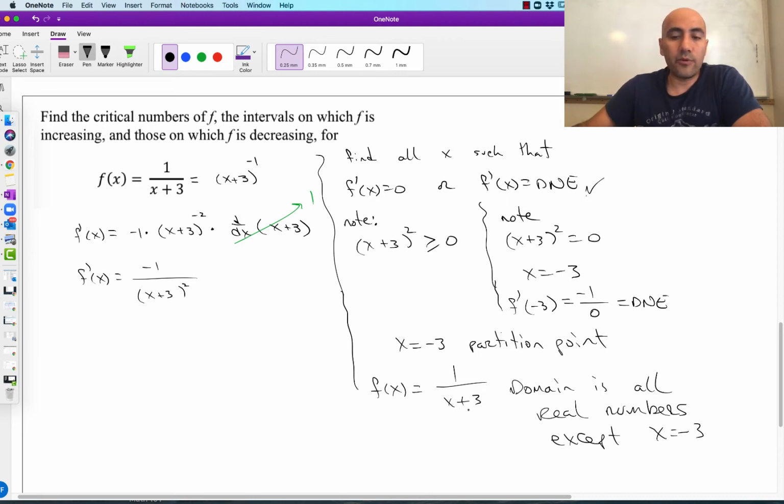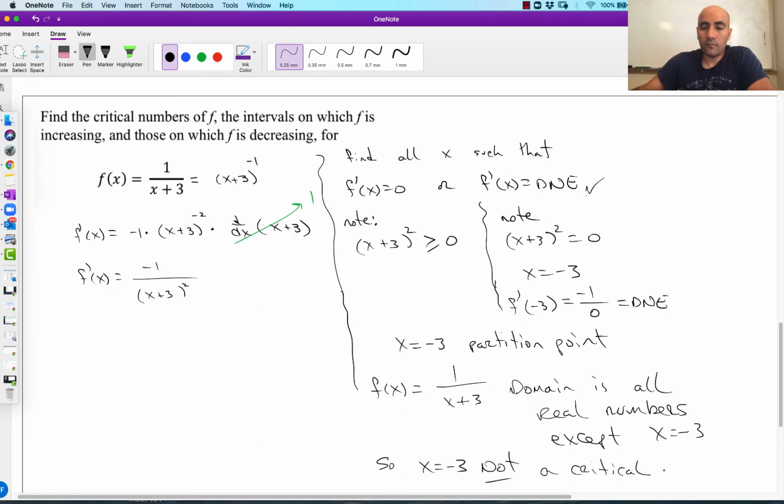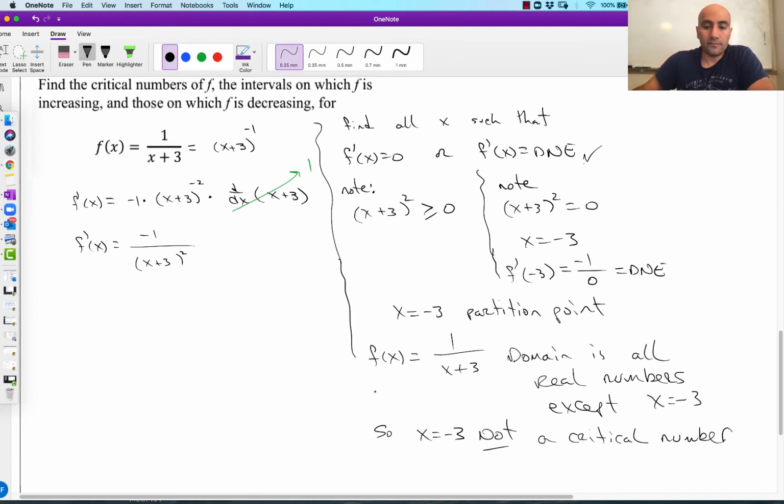If we put in a negative 3, we'll end up with a 0 in the denominator, so it's undefined there. And that's exactly the point that I wanted to check to see if it was in the domain. It's not there, so x equals negative 3 is not a critical number. In fact, this particular function has no critical numbers. None of them qualified. Thus, f of x has no critical numbers.